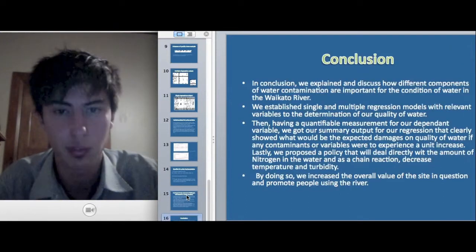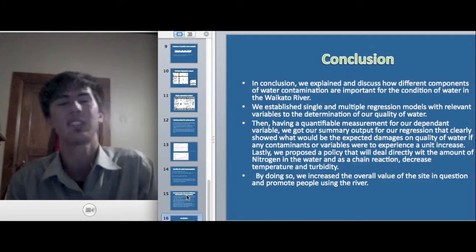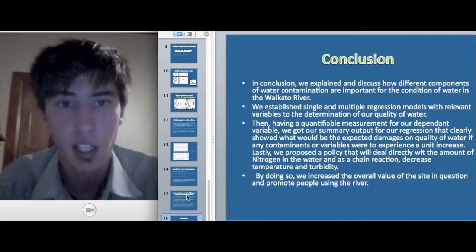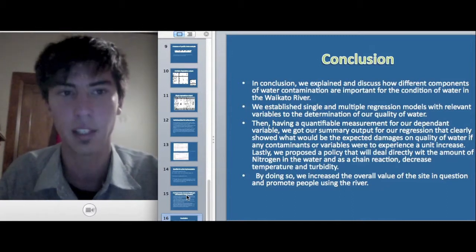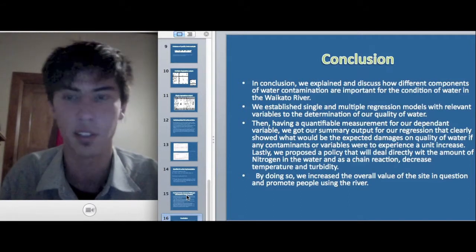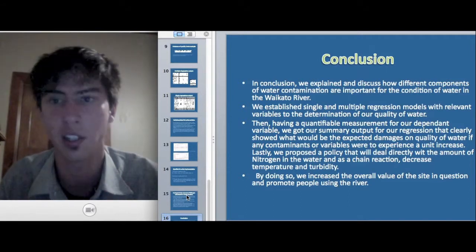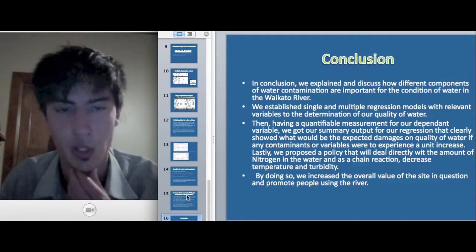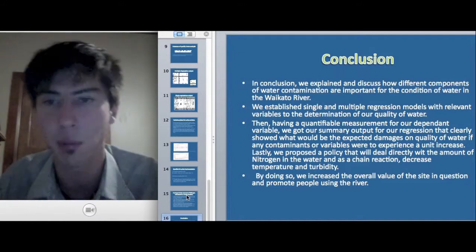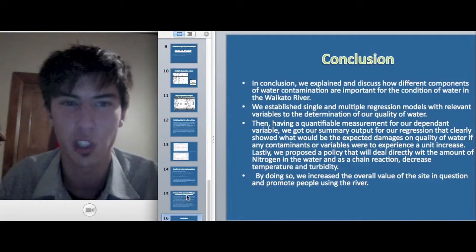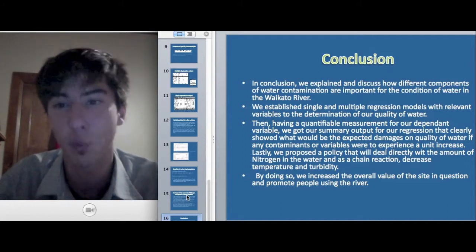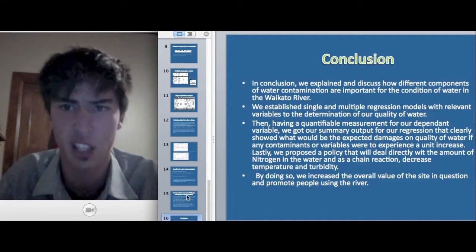Then having a quantifiable measure for our dependent variable, which is really important because we gave it a quality feature. So saying that we're considering all the different contaminants, we gave a quality feature to the water, which is really good. That was 2.226, which is overall quite good, satisfactory levels according to the parameter set. And the expected damages on quality of water were what we assumed that they would be.